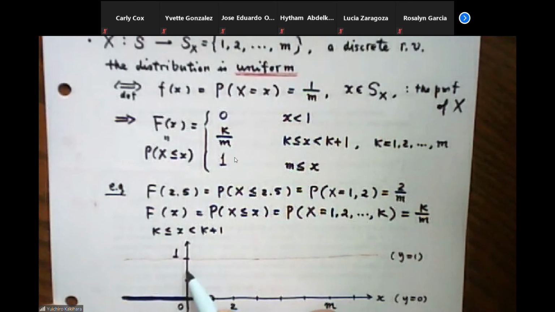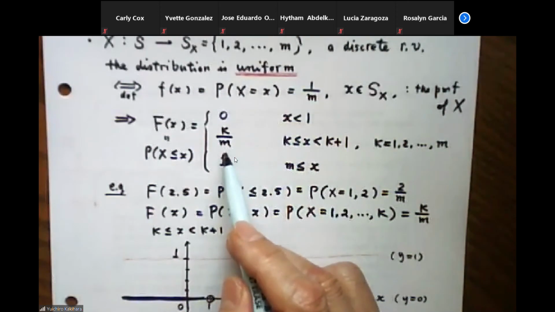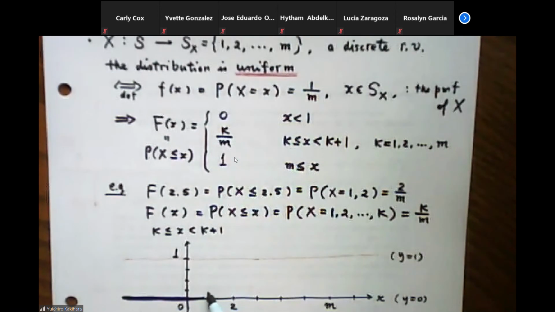Then we have some number. This is the next step. The next step is 1 to 2. From 1 to 2, it is k over m, which is 1 over m. So 1 over m is here. This is a closed dot, and then go like this, and this is the open dot.